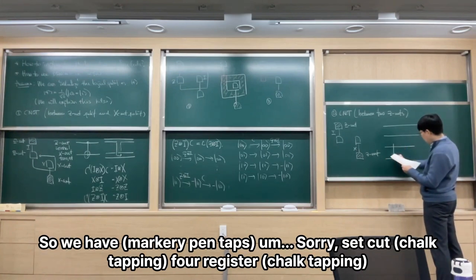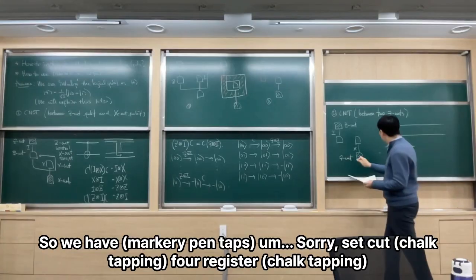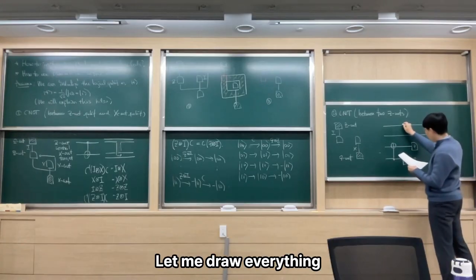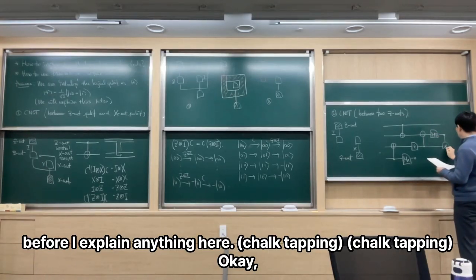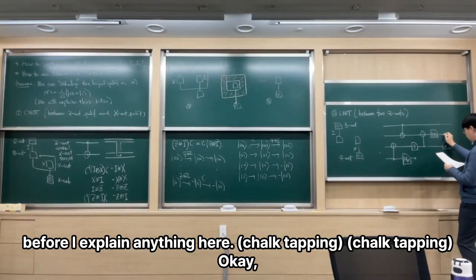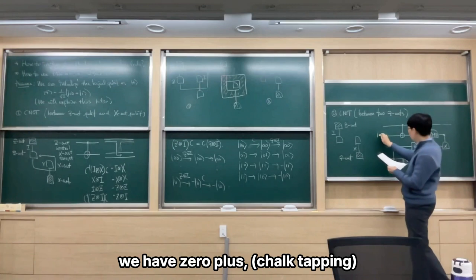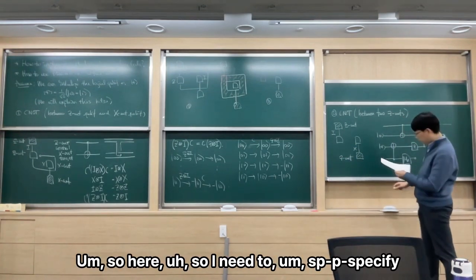So we have a Z cut register. Let me draw everything before I explain anything here. We have 0, plus, and so on.